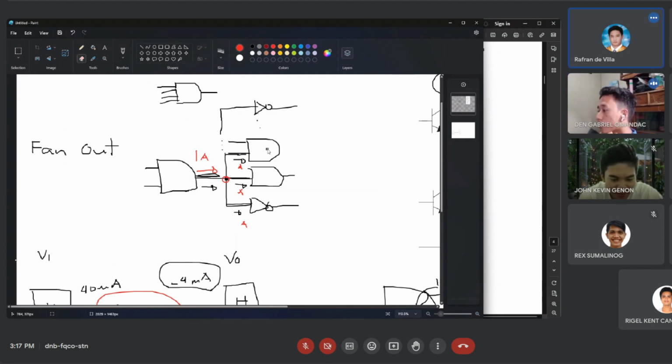Is equal to zero. Umandak. Unsa to? Ang sum sa tanan current nga ni-enter sir kay if ma-exit siya sa node sir kay ma-equal siya sa zero. Ang sum sa current nga ni-enter sa node, unsa to? Ni-enter sa gate ay sa circuit sir.